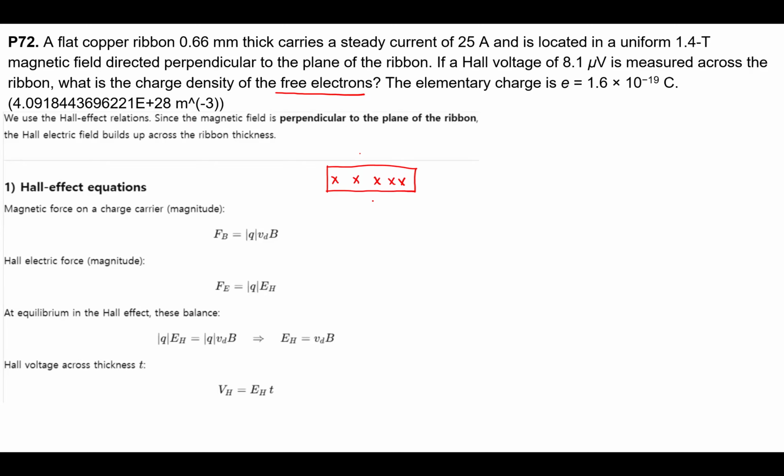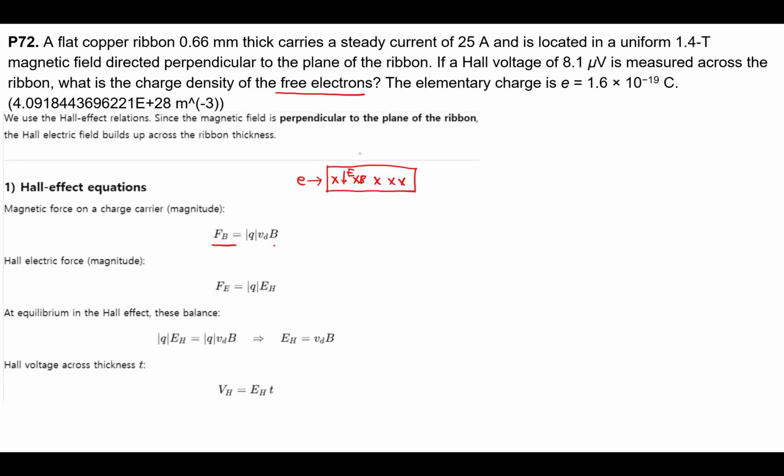And then electrons are moving in, and by this magnetic field, charge will be separated, and then there should be an electric field, and we need to have a Hall effect equation.